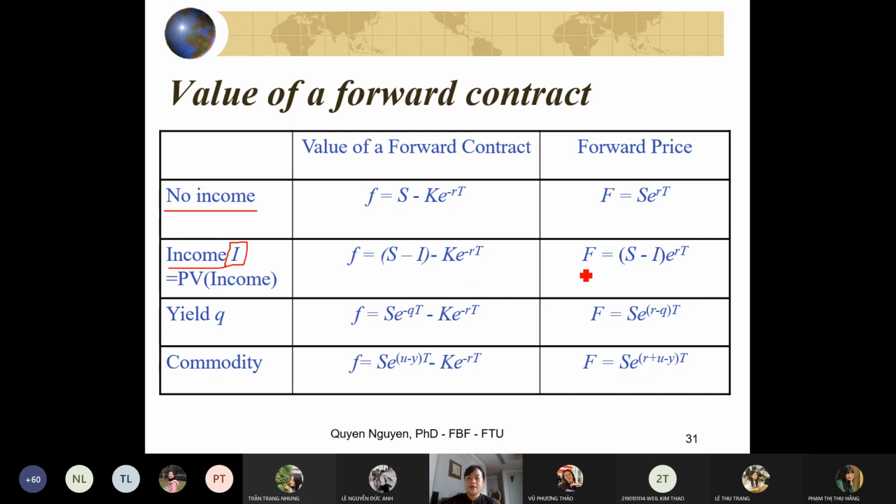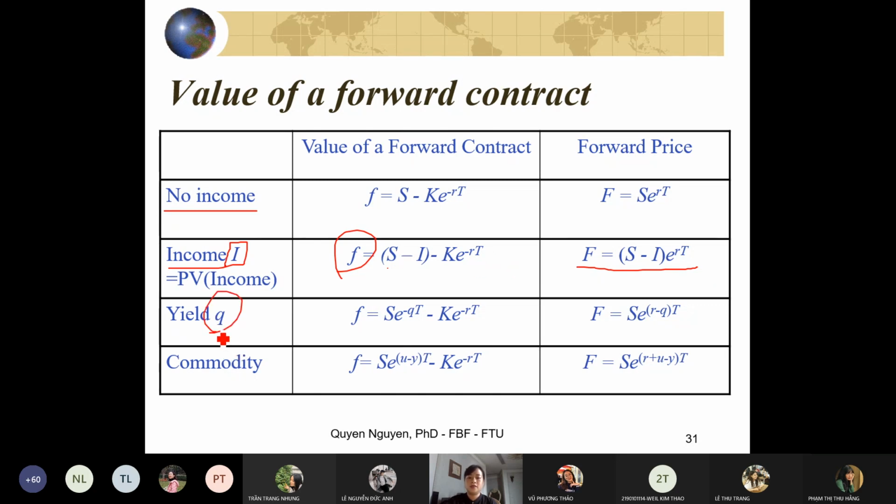So basically, with the income, F would be equal to S minus I. I is expressed as the present value of the income multiplied by e to the power of RT. And we would have the small f, which stands for the value of the forward contract, would be the difference between S minus I minus K multiplied by e to the power of minus RT.